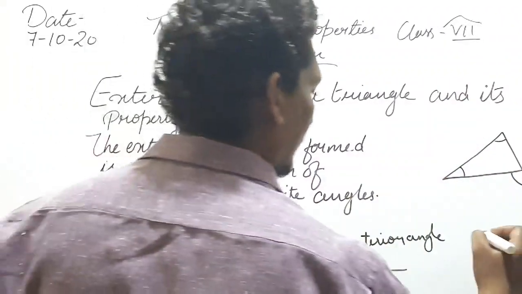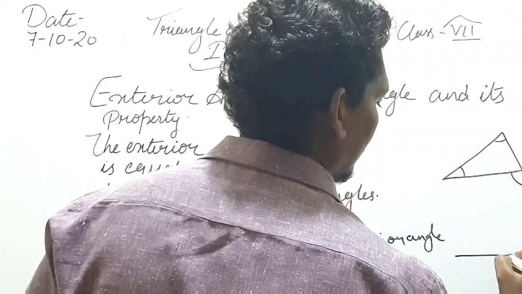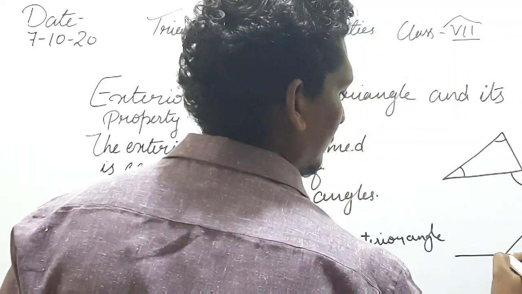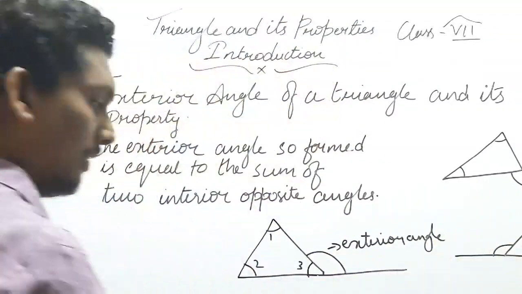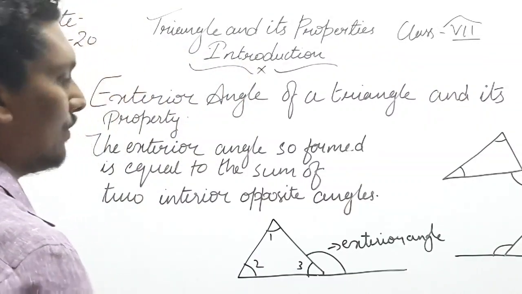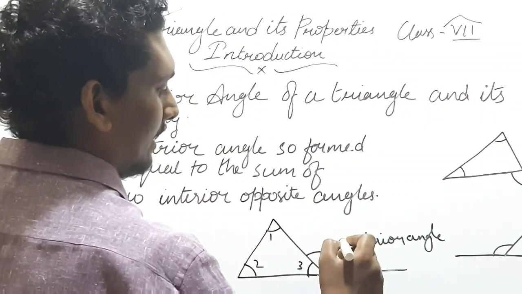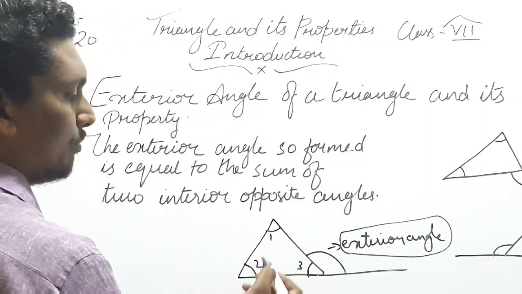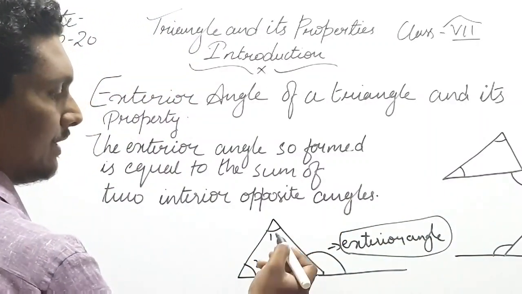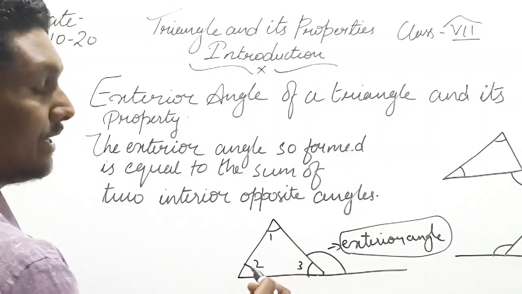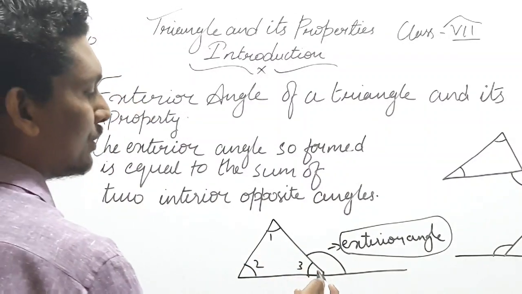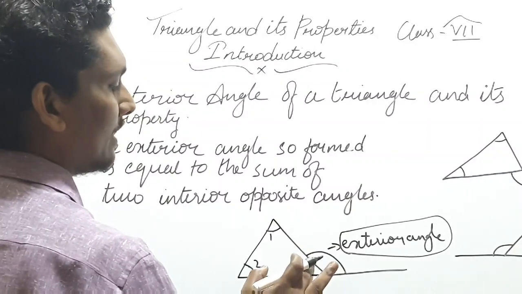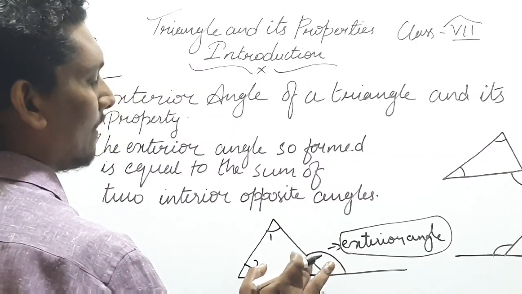Sometimes the figure will be like this. If you have to find the exterior angle, this is the opposite interior angle. These 1 and 2 are interior angles, opposite to this one. The question will be coming like this.